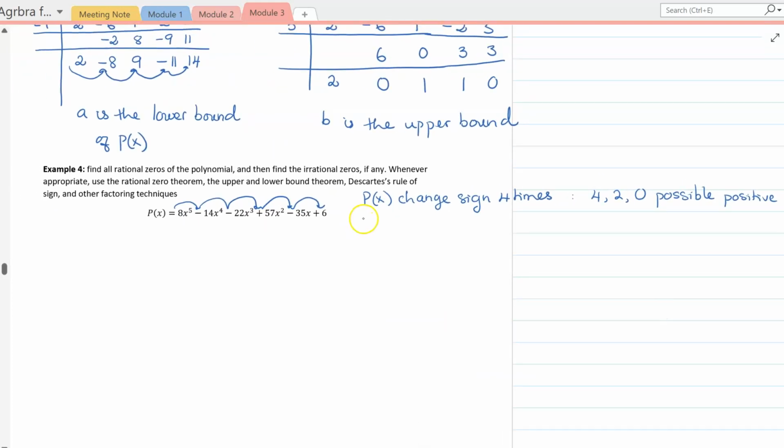Let's take a look at p of negative x. P of negative x is equal to negative ax to the 5th plus 22x to the 3rd plus 57x squared plus 35x plus 6.